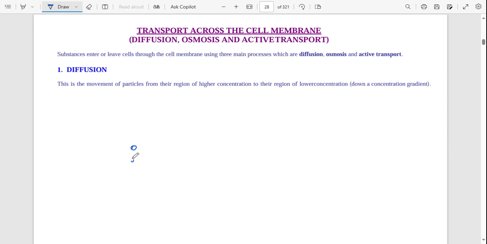Let's say here I've got particles, and let's say there is no barrier anywhere. Let's say there's a person who sprays perfume at this point. Because where this person is, there is perfume, we say perfume here is highly concentrated.